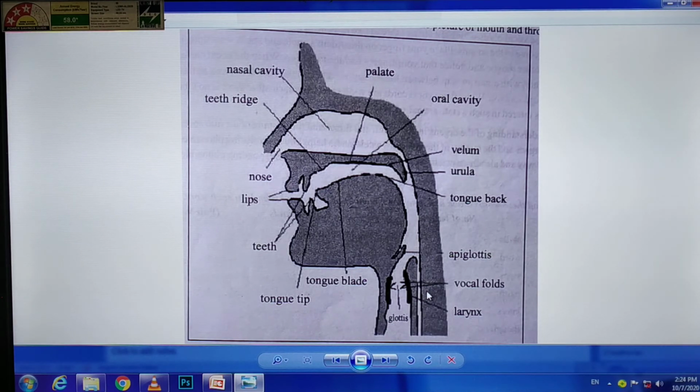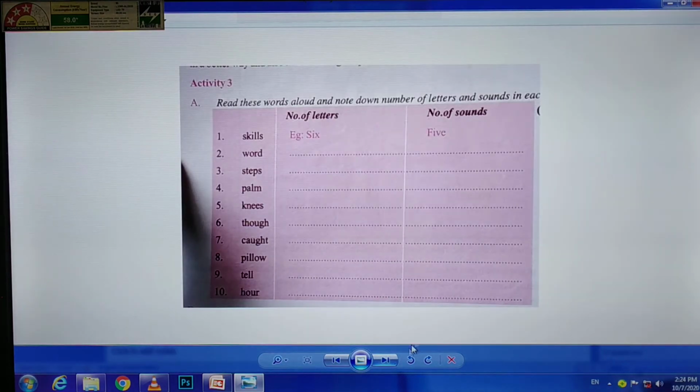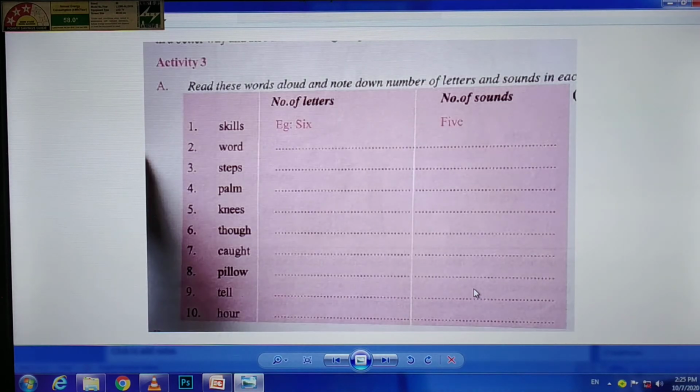Then here in page number 4, you just go through, we have activity 3, wherein we have a group of words. Just go through, read these words aloud and note down the number of letters and sounds in each word. Number of letters and number of sounds. See here, skills.